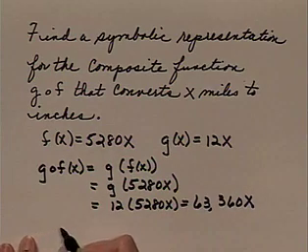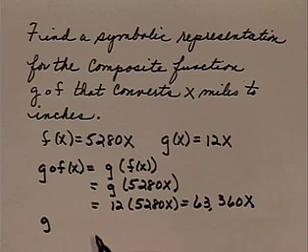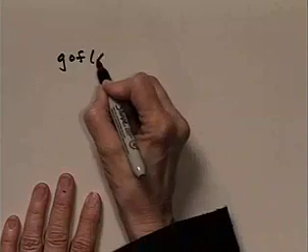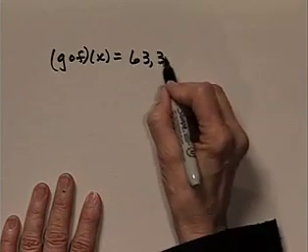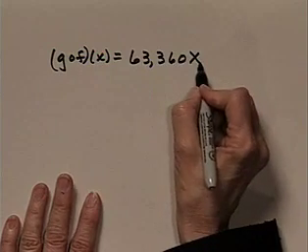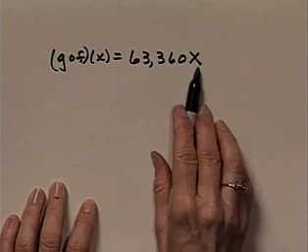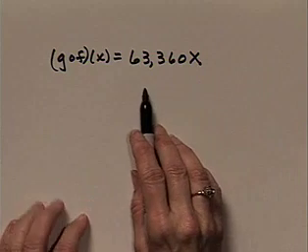So our composite function g composed with f of x is equal to 63,360x, and this converts our x miles into inches.